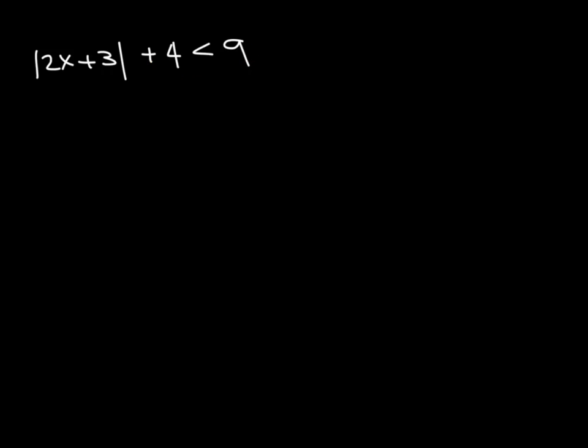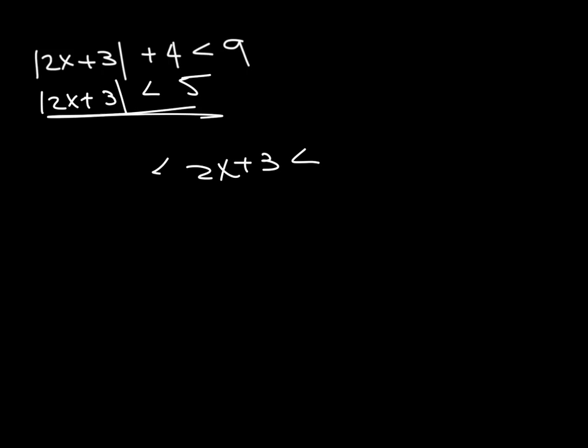You move it to the other side so that you have your absolute value all by itself and your number minus 4, so it's going to be a 5. Because it's a less than, it's going to be an and, so we can write this as one complex inequality: we put 2x plus 3 in the middle, less than symbol, opposite of 5, and the 5 here.